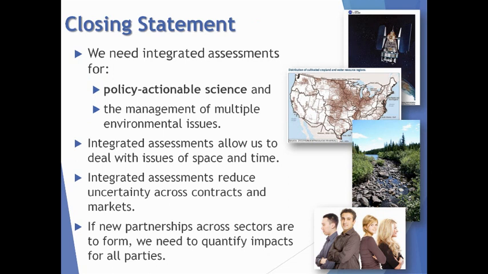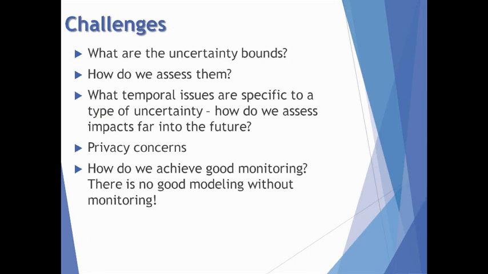It's becoming more and more important that we have policy actionable science, that we consider multiple environmental issues and policies simultaneously. And this is, again, if we have new partnerships across geographies and across sectors, becomes crucial.